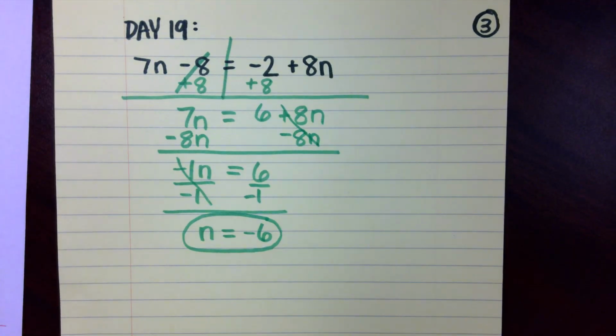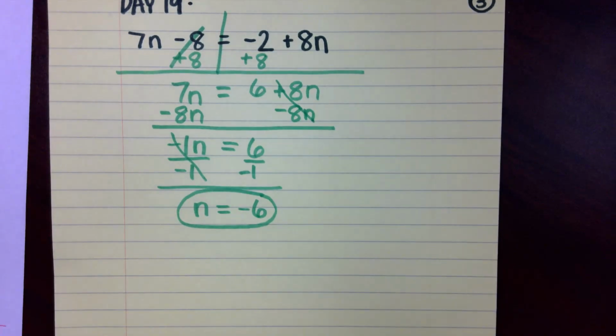Okay. Let's do some more like that. Let me use my little problem generator over here. I'm trying to get problems that are not going to give us fractions or decimals.